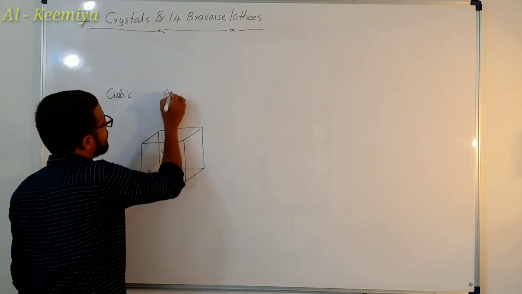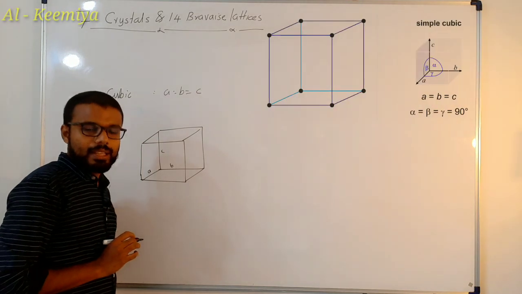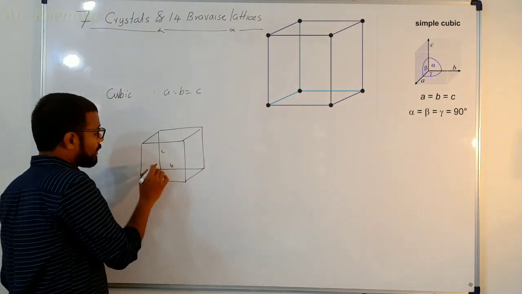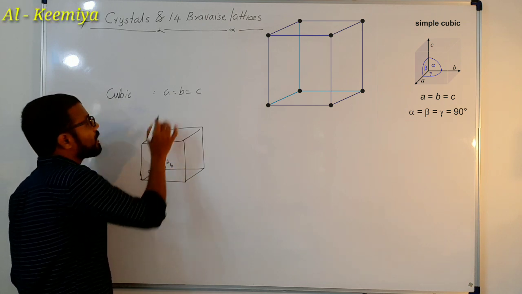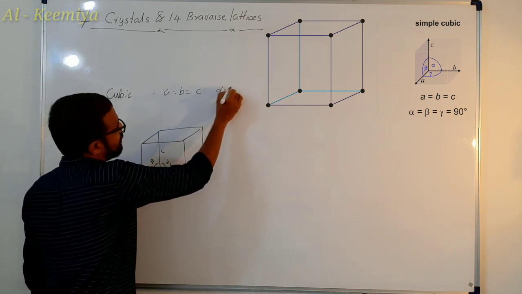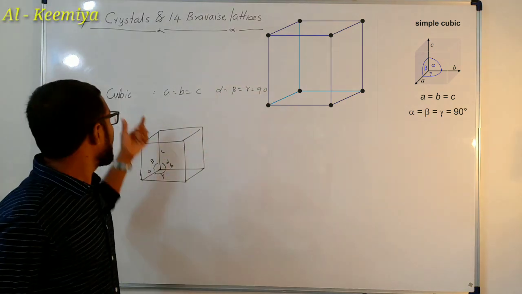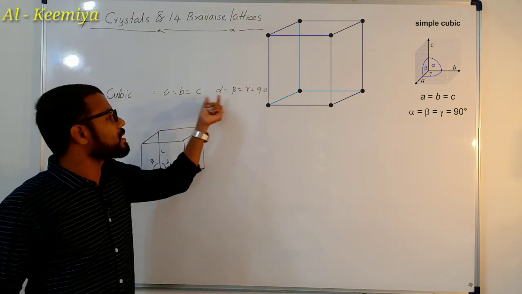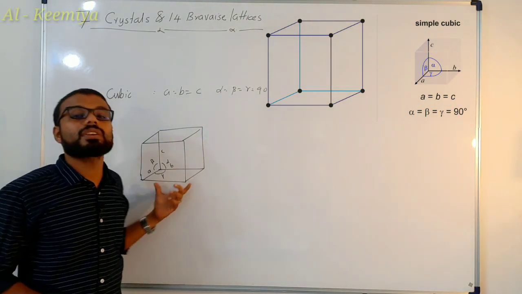Then angle, this angle gamma, this is alpha, this is beta. The alpha is equal to beta is equal to gamma is equal to 90. So when A is equal to B is equal to C, alpha is equal to beta is equal to gamma is equal to 90, it is called a cubic crystal.